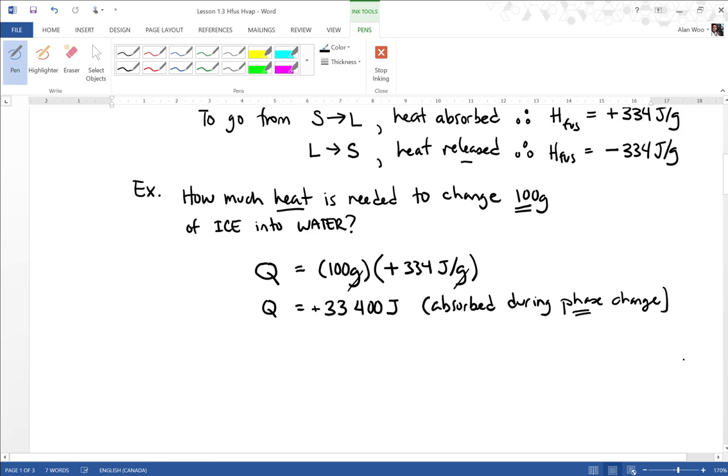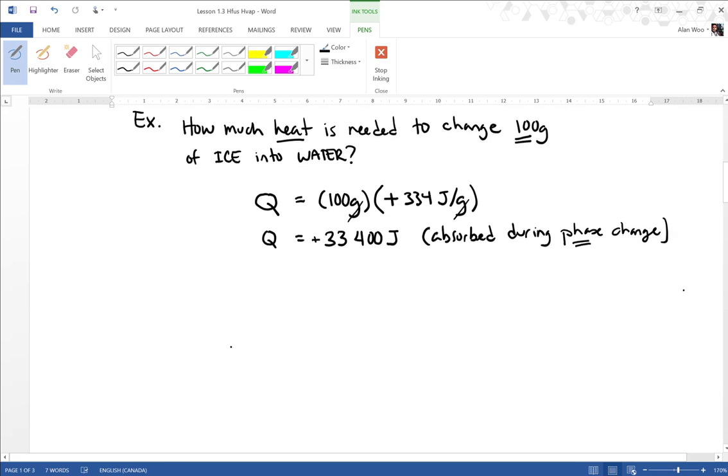Notice that there's no temperature change though, right? We're only concerned about where the energy is going to break the bonds.